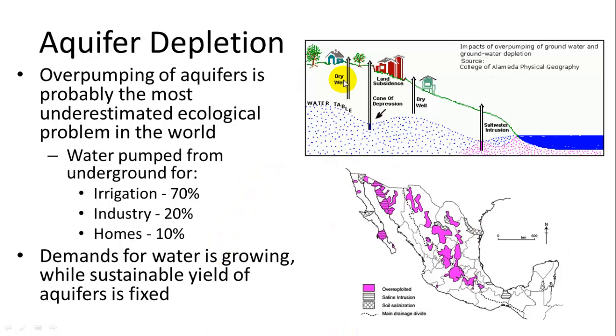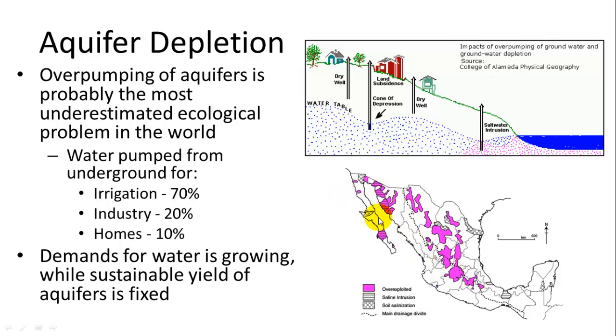Overuse of these aquifers can cause problems. If you pull too much of this water out near the ocean, instead of this all being fresh water flowing into the ocean, you can have salt water backing up into the aquifer, and that's going to cause salt water to go into these wells.